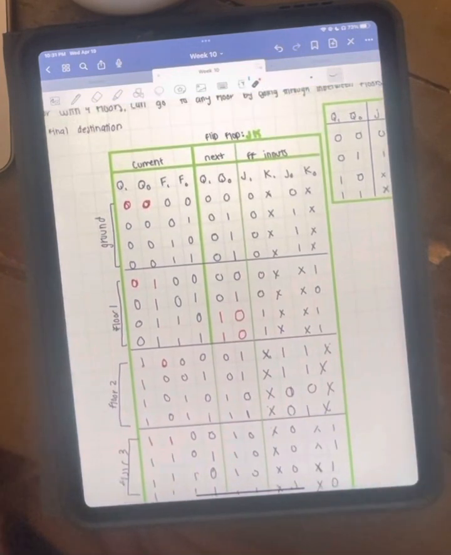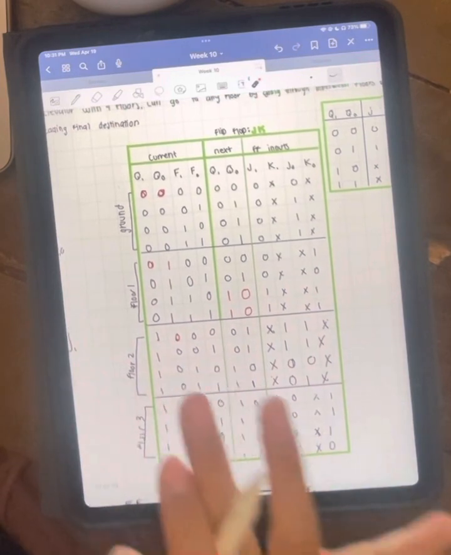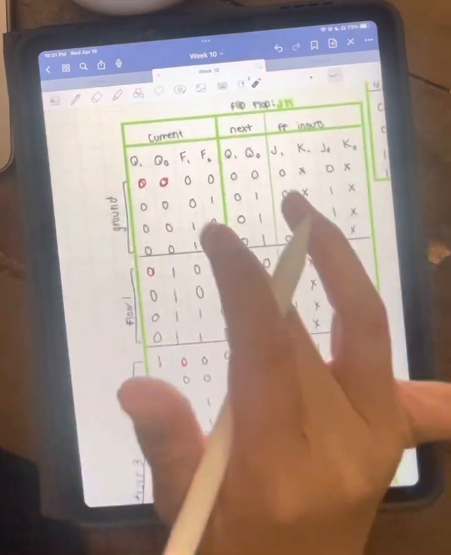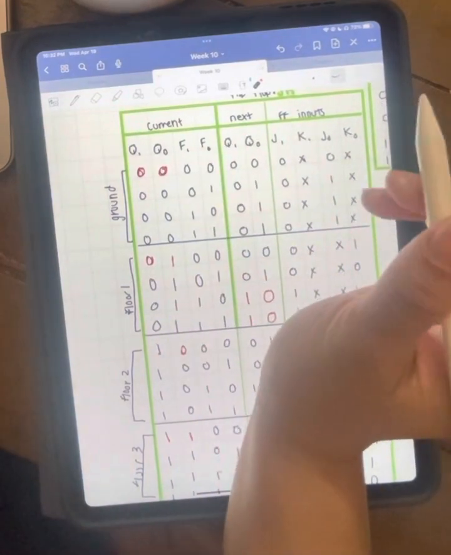So I decided to go with the JK flip-flop. Even though I'm going to have more equations, I would rather have it be there than use a D flip-flop or a T flip-flop.